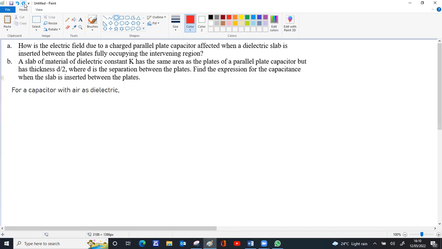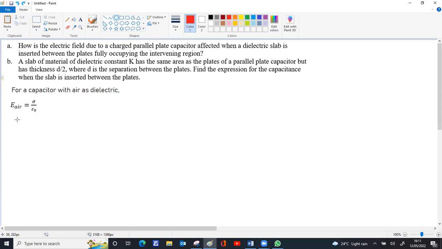The electric fields of the plus and the minus plates are in the same direction between the plates, so they get added up, giving 2 times sigma by 2 epsilon 0, because it's air. So the 2 gets cancelled, leaving sigma by epsilon 0. A single plate was sigma by 2 epsilon 0. The plus plate and minus plate both get added up between the space of the capacitor plates. So sigma by epsilon 0.